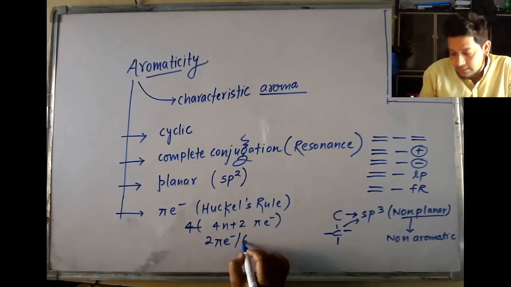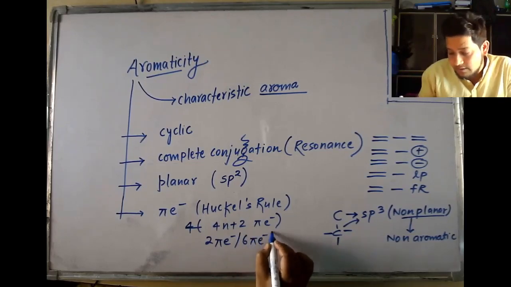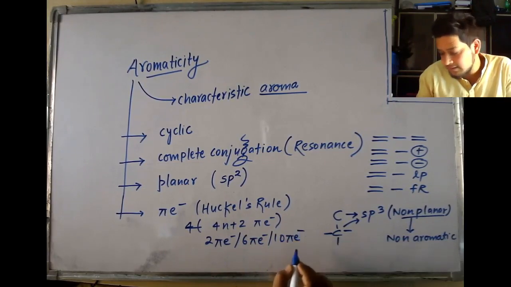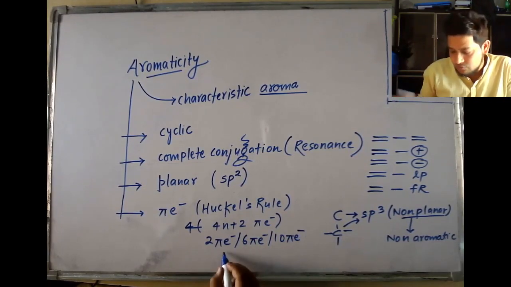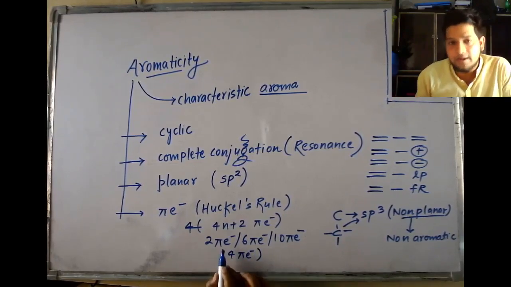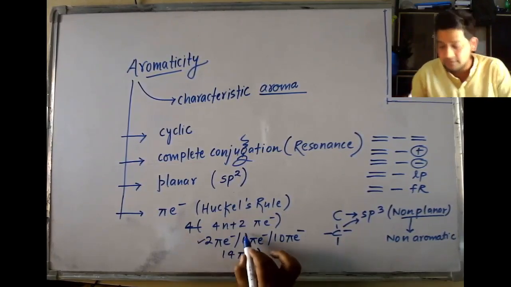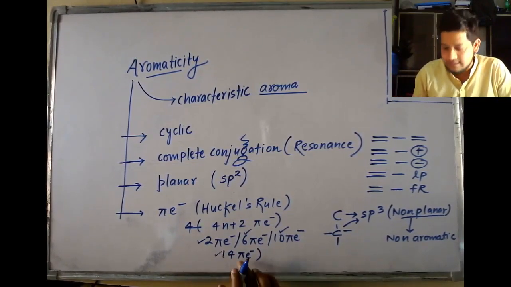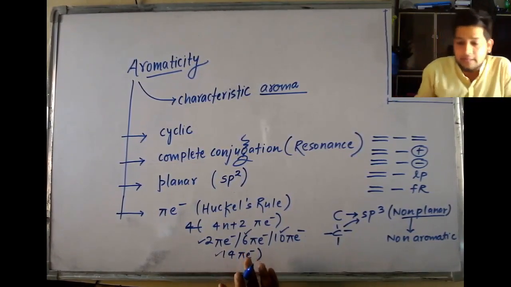We can have 6 pi electrons for n equals 1, 10 pi electrons for n equals 2, and so on, then 14 pi electrons. So if our pi electrons are in the format of 2 pi, 6 pi, 10 pi, or 14 pi, we can say our molecule can be aromatic.